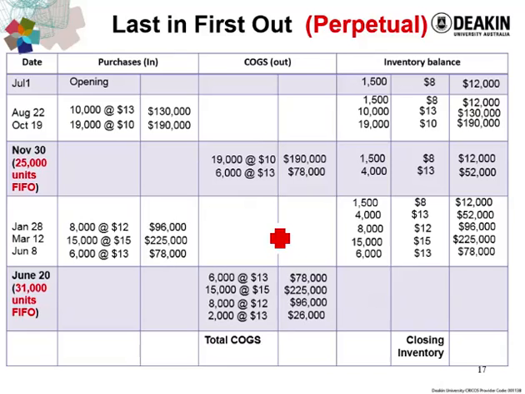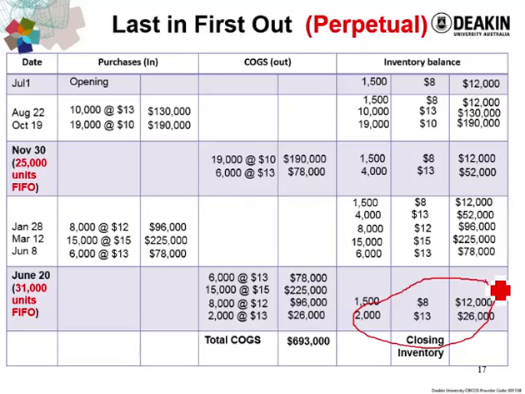This leaves us with 1,500 units at $8 each and 2,000 units at $13 each. If we look at the middle column, we will sum up the figures to obtain the cost of goods sold. So the cost of goods sold in this case is 693K. And we will use the final column for the closing inventory balance, which is 38K, 12K plus 26K.